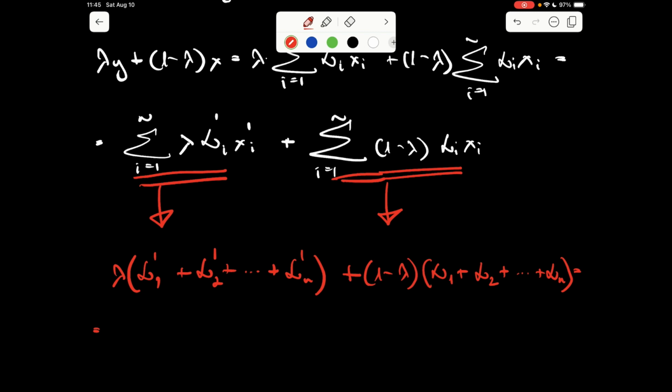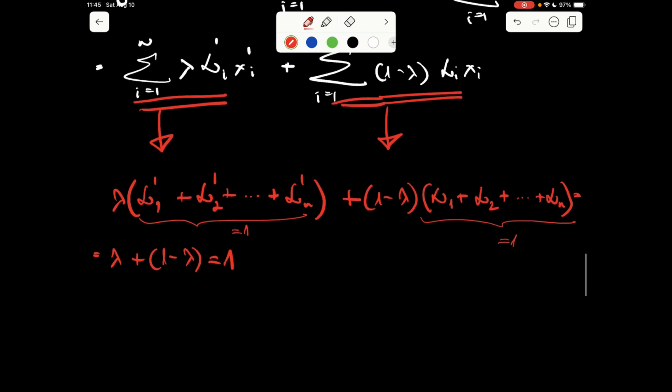This is 1. And this is 1. So, actually, this is 1. So the sum of the weights is 1.